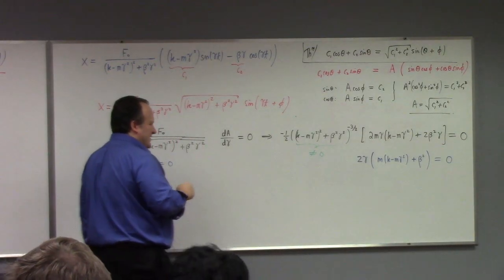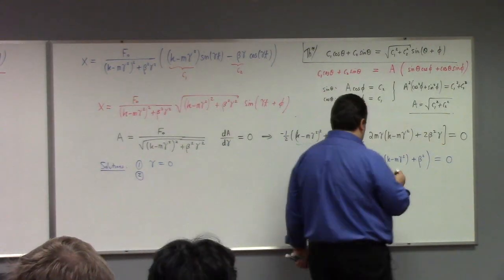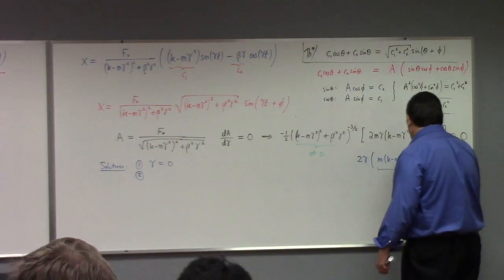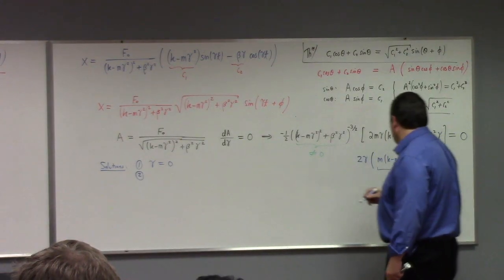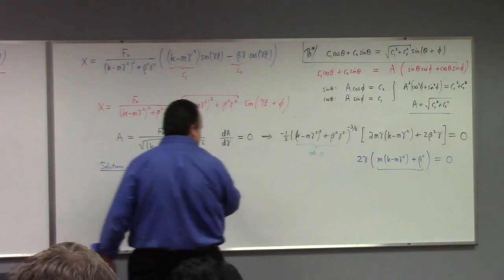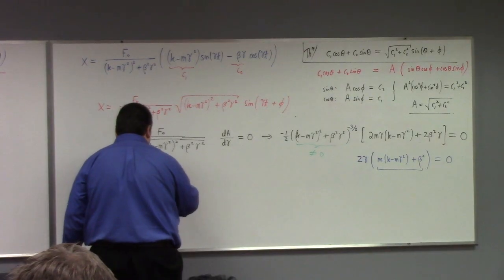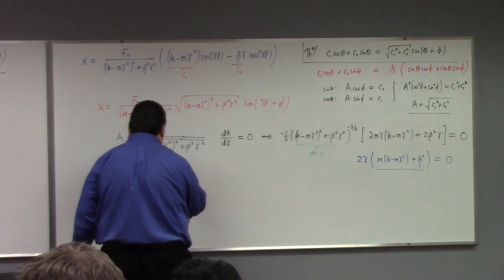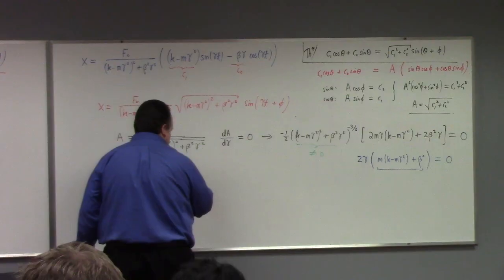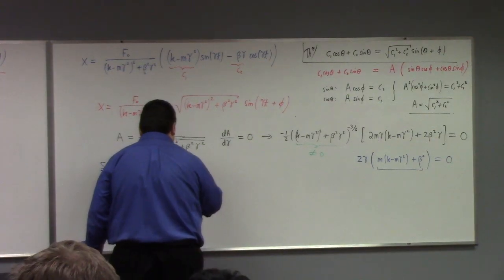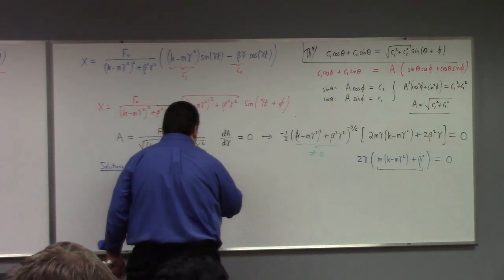Is that equal to 0? I don't know. I'll write it again here: m times k minus m gamma squared plus beta squared equal to 0. Can we rewrite that? I think we can.